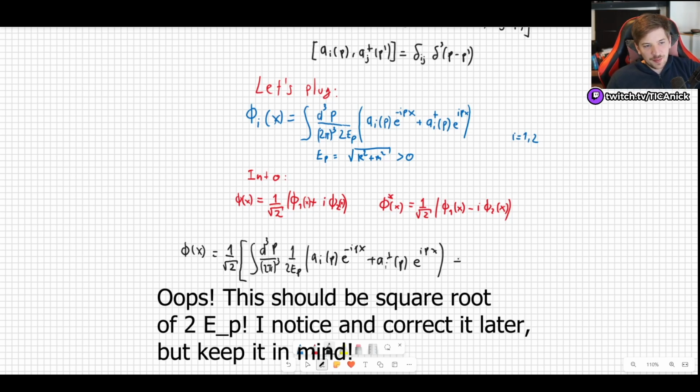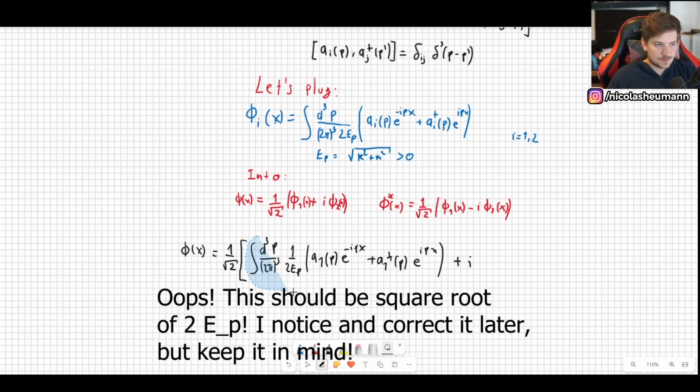And then we got the same thing, but with an i, and now everything is not going to be 1, so this was a_i. So maybe let's, instead of a_i, actually write this, because this is now a_1. So a_1. And now we have the same thing, but with a_2. So I'm just going to copy and paste this.